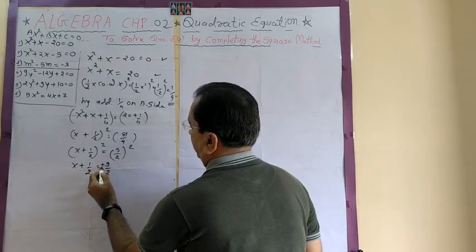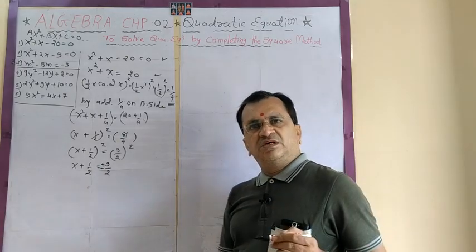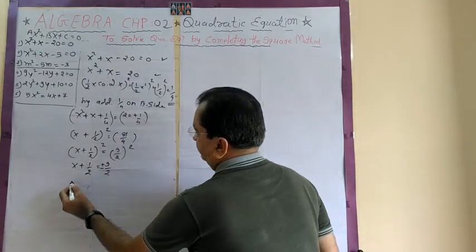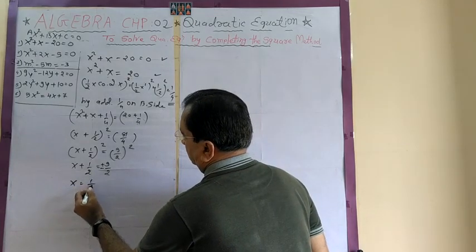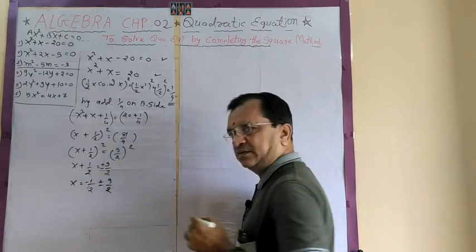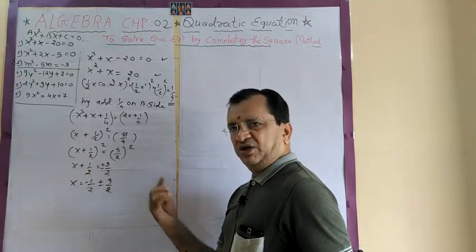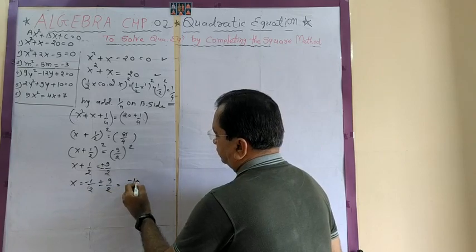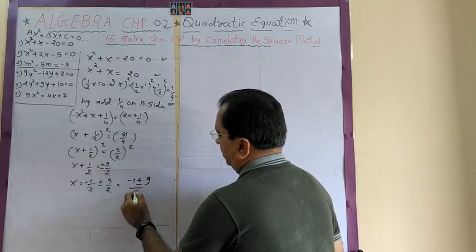When you are taking square root, always we have to write plus and minus. This comes to this side because we want x is equal to minus 1 plus or minus 9 by 2.